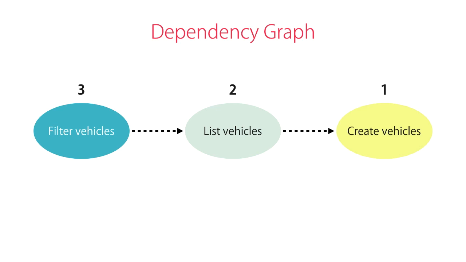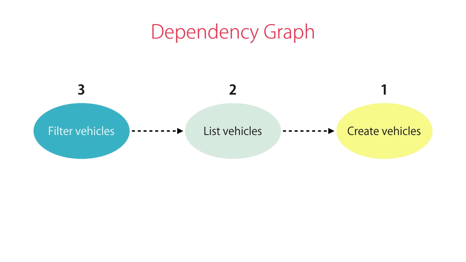So focus entirely on building a list of vehicles, and that list doesn't even have to be fancy. Render the vehicles in a very simple list. Once it's working, then you can make it look better. You can apply some styles, you can add icons, and so on. Once you deliver that feature, then move on to the third step, filtering vehicles. At this point, you should isolate your mind and you shouldn't think about anything else, like this is the only and the last feature of this application you need to build.